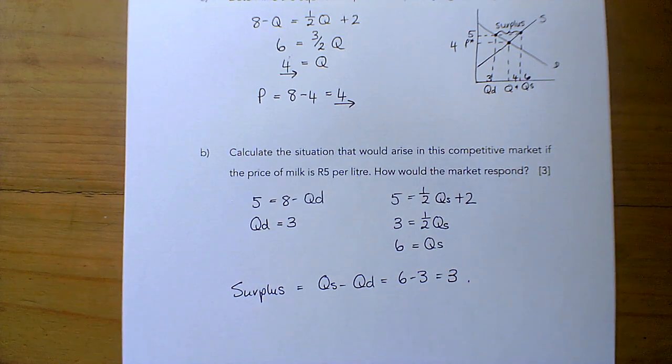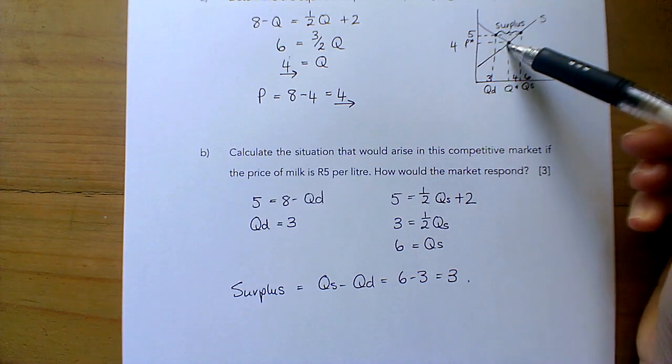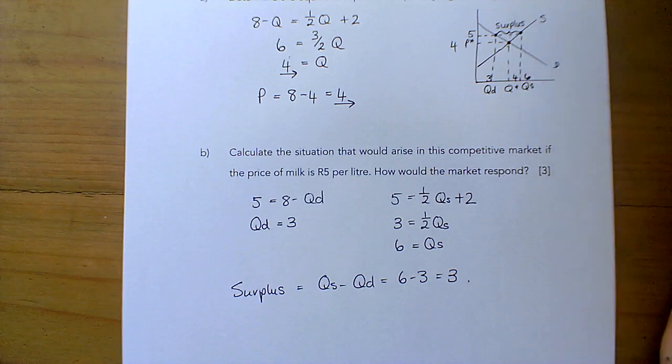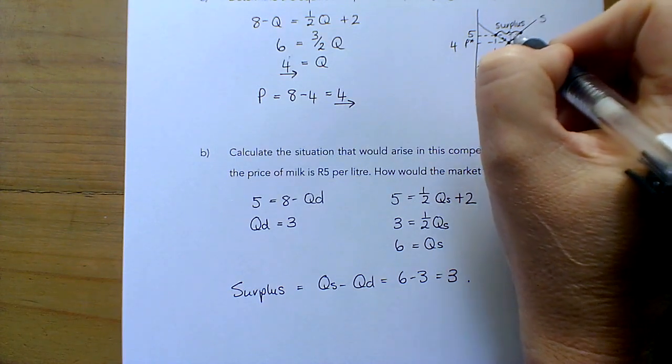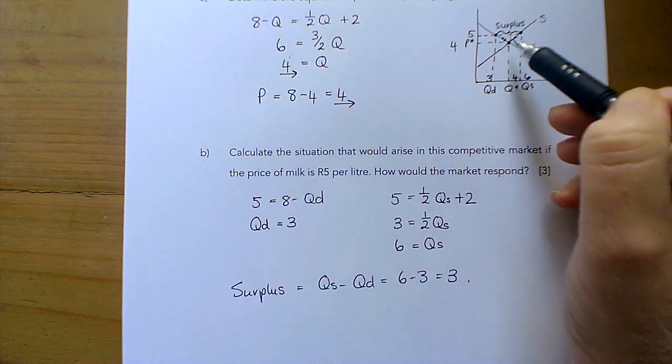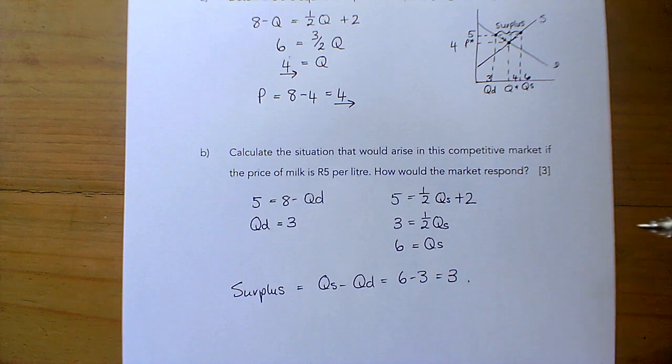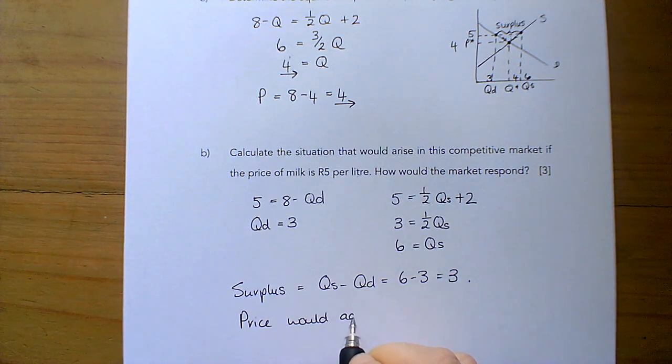Okay, so if the price in this market lies above the market clearing price, there would be a surplus. The market would then adjust by lowering prices so that it ends up where the market clears and QD equals QS. So the market would respond by adjusting prices downwards.